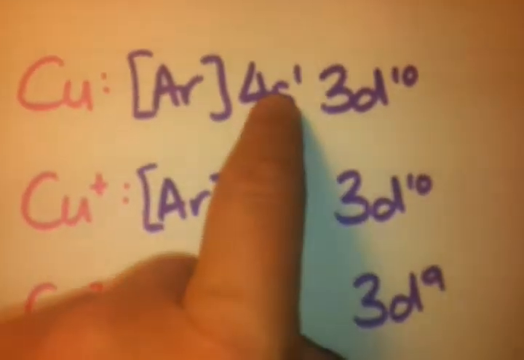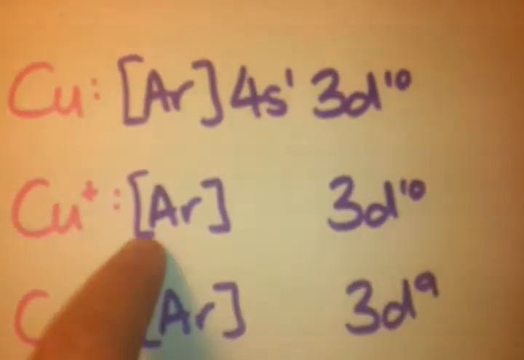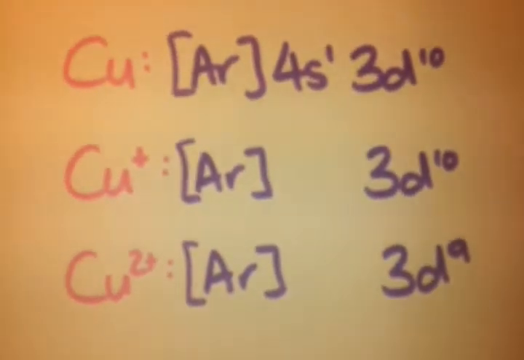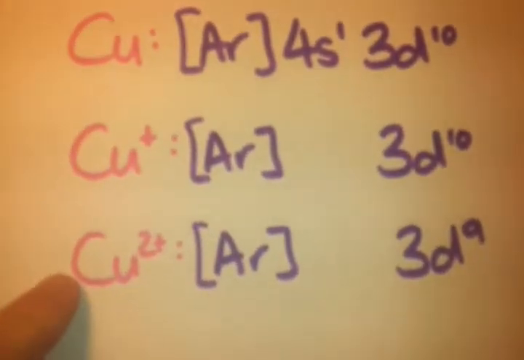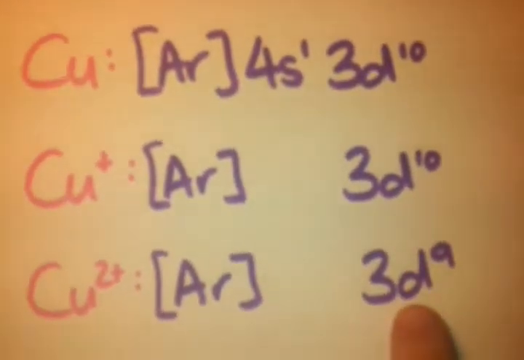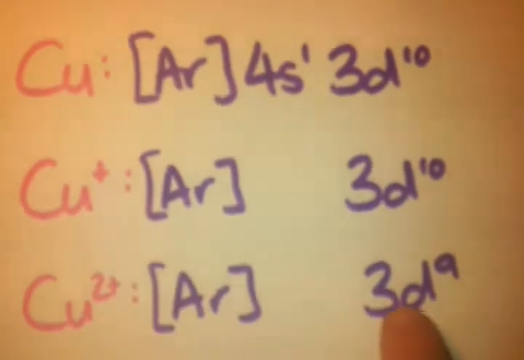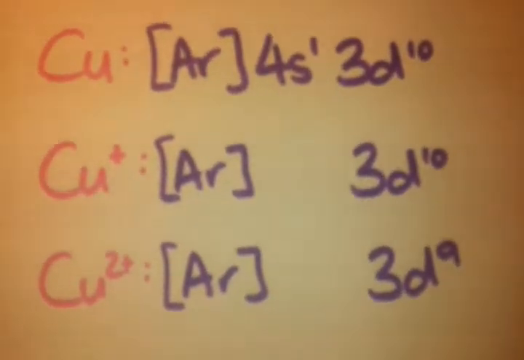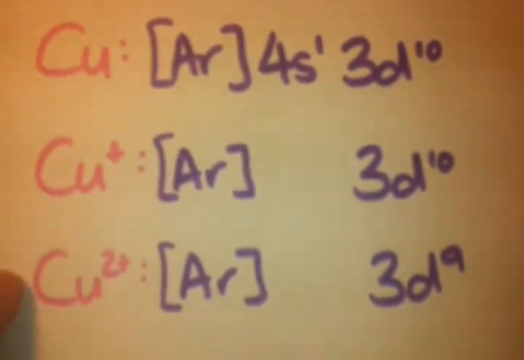But we can see quite easily why it becomes this ion. It loses its fourth energy level electron, and you'd expect it to be very, very stable. To become copper 2 plus, we see that now it's gone to 3d9. So it's lost the 4s electron, then it's lost the 3d electron. So the reason why this is a stable arrangement you don't need to know.